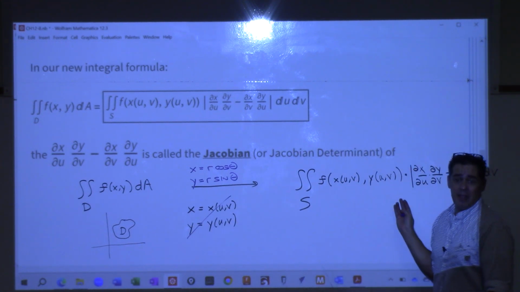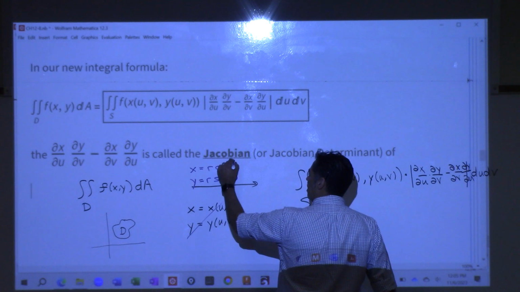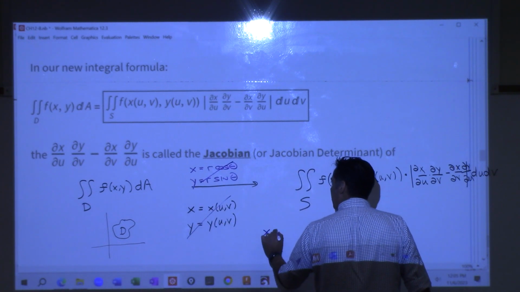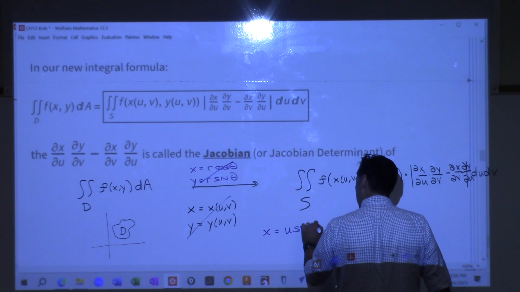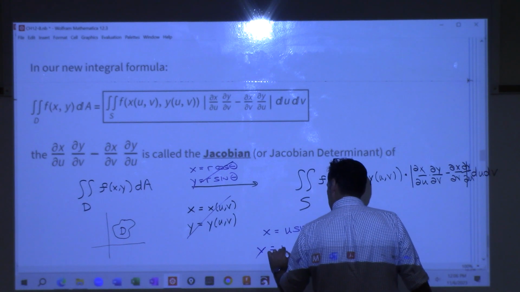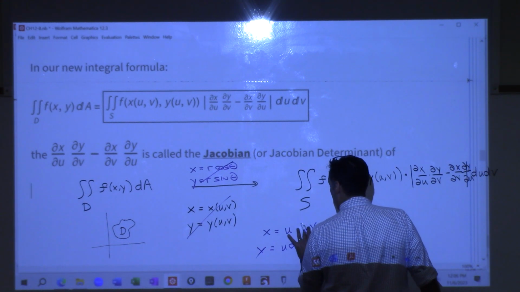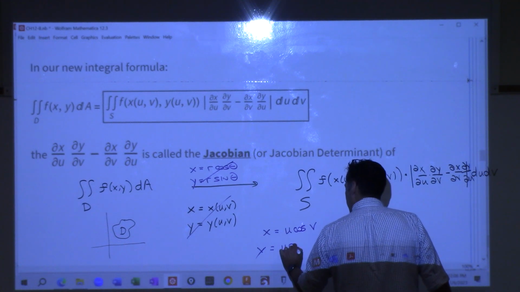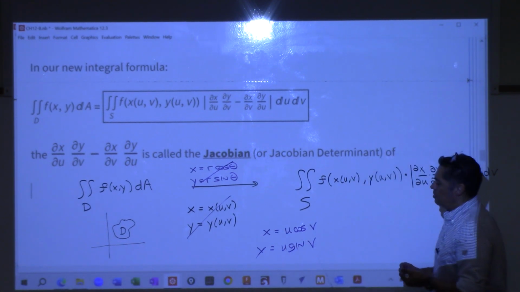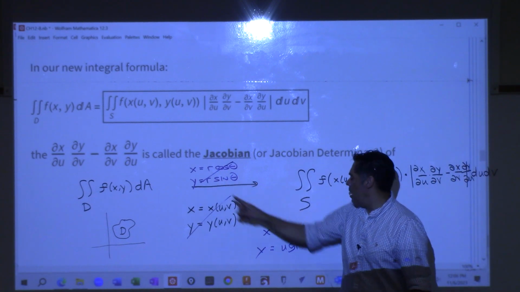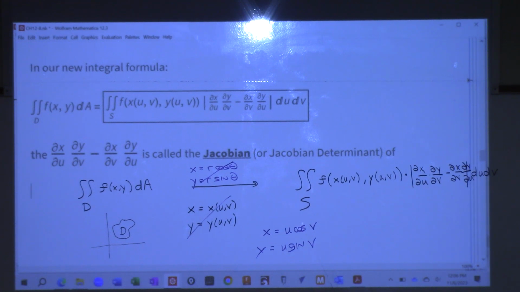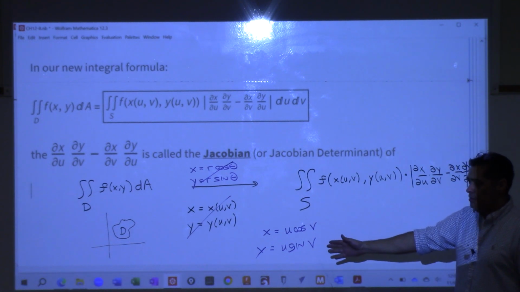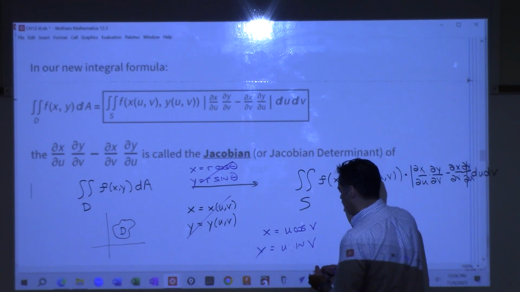This formula has u and v, so just for the sake of explaining, let's say x was equal to u cosine v and y was u sine v. Instead of using r, I'm using u, and instead of theta, I'm using v. Those are dummy variables. This is still a polar conversion, isn't it? Still polar.